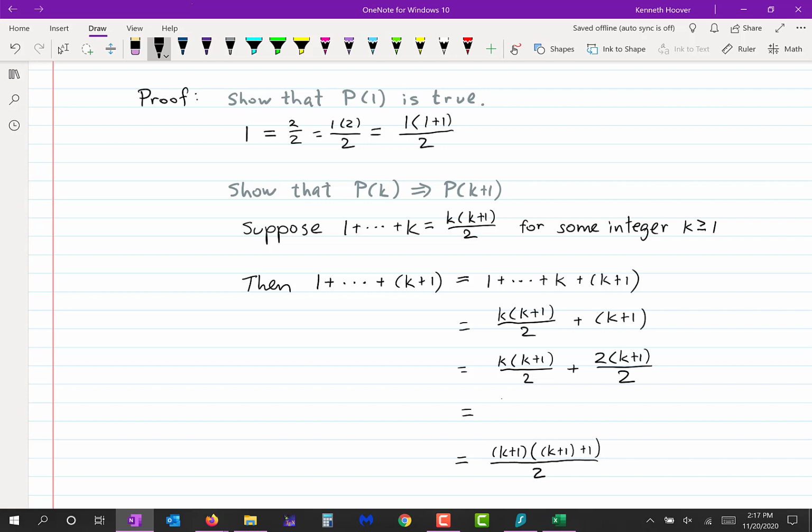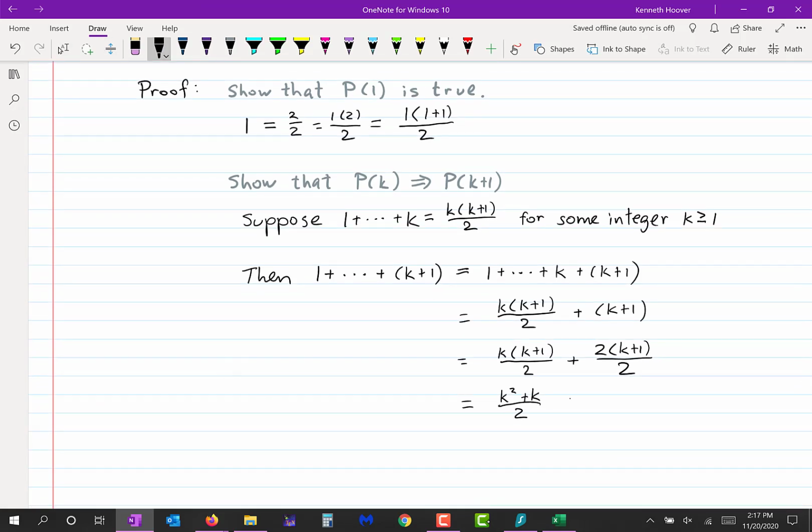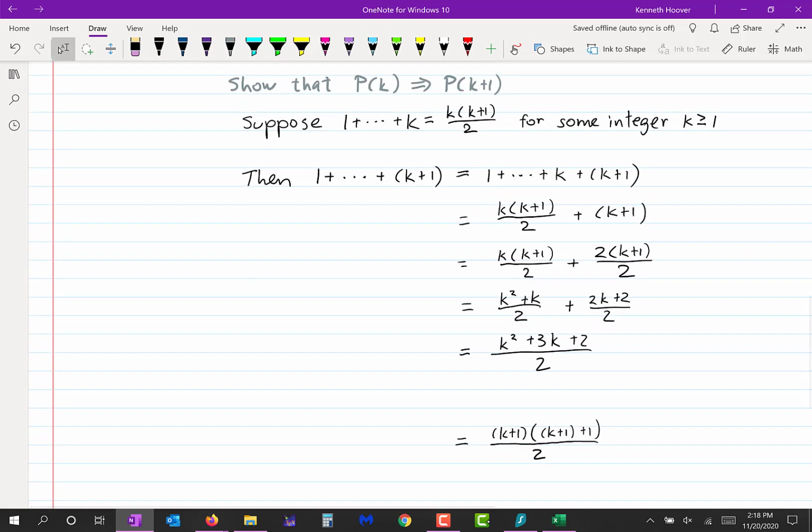Let's see, we're going to get k squared plus k over 2. We're going to need some more room here. That's okay. Plus 2k plus 2 over 2, and so we can add those together now. We get k squared plus 3k plus 2 over 2. Let's factor the top.